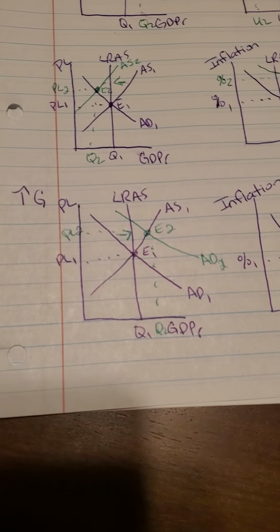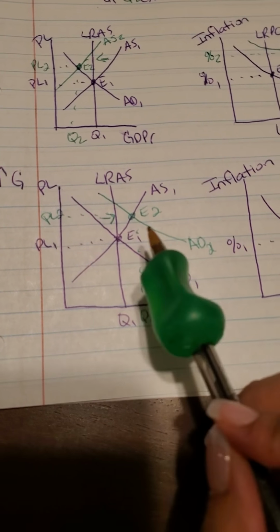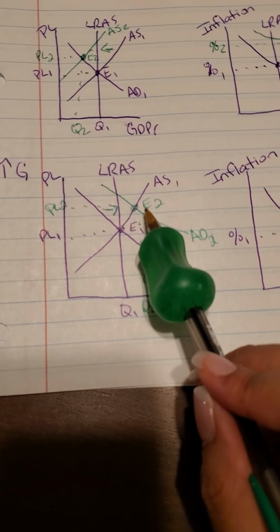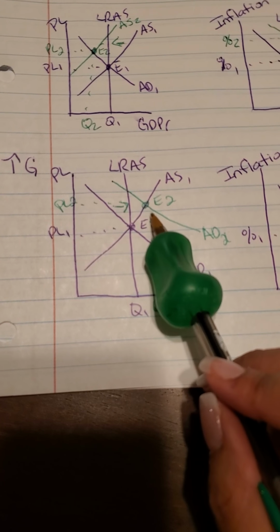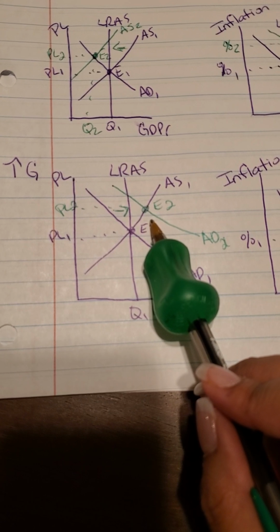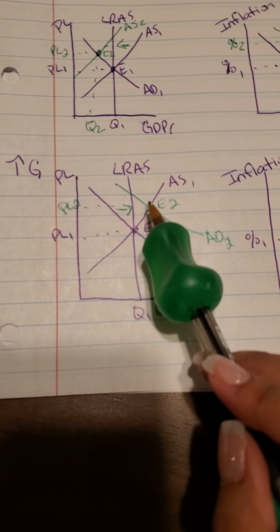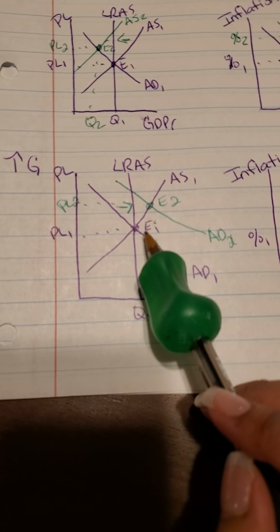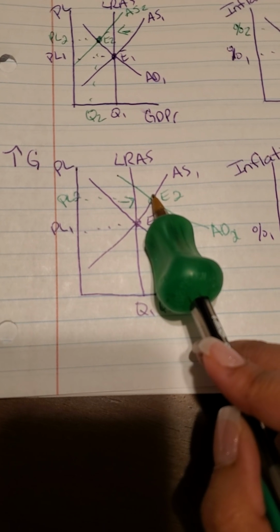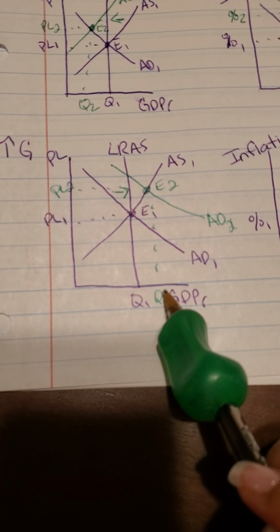Okay? So what kind of gap are we in now? An inflationary gap. And what happened to the unemployment rate? Did that increase or decrease? It decreased. Our unemployment rate is less than the natural rate of unemployment. Our price level has increased, unemployment rate has decreased, and output has increased.